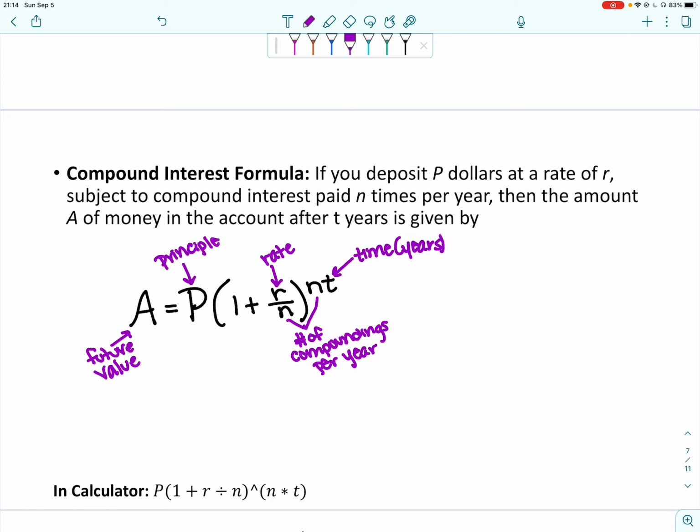Could be one time, could be 360 times. And it's 360 because it's banking days and they don't calculate interest on certain holidays. And then I have down here how you can type this into your calculator so that you get the correct answer.